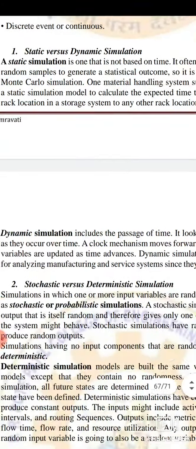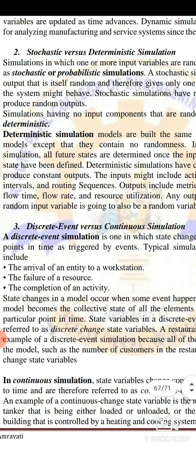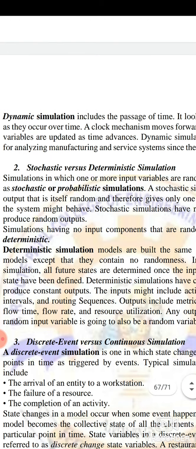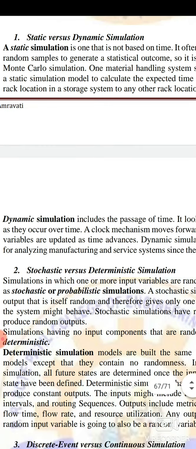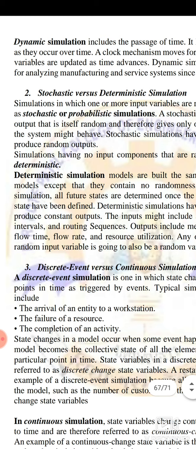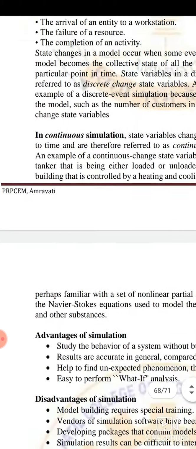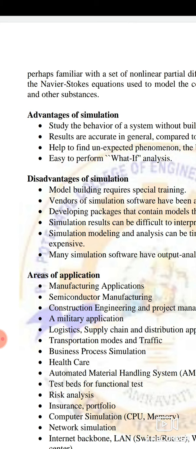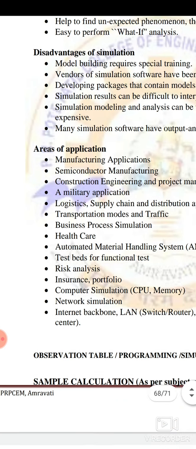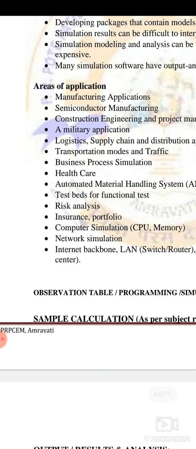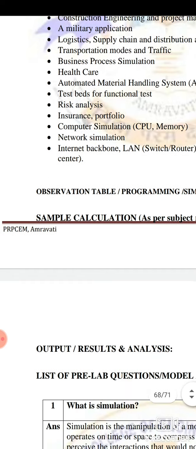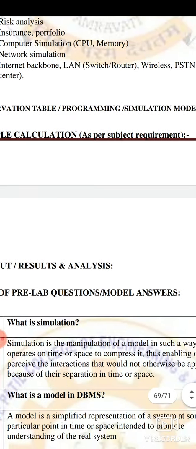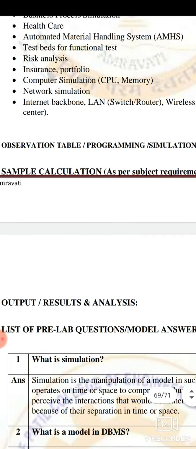So now we understand what is simulation, what is stochastic simulation, what is deterministic simulation, what is static and dynamic simulation, and what is discrete and continuous simulation. We have also seen the advantages, disadvantages, and the areas of application. It has a wide variety of applications, from buses to transport to semiconductors to engineering problems, logistic problems, etc.